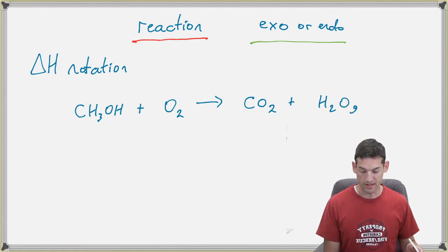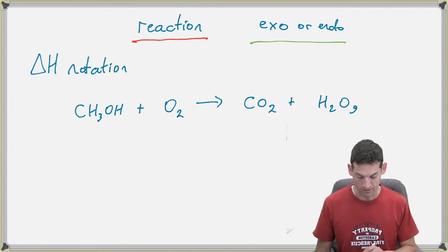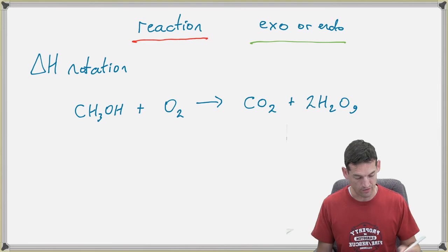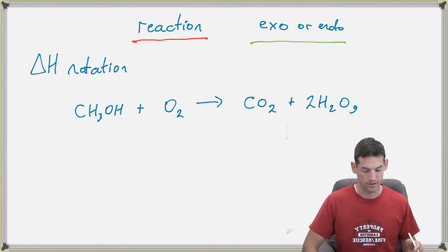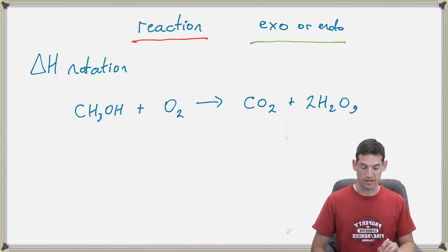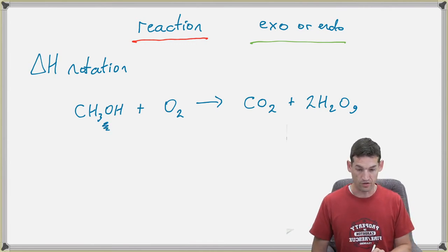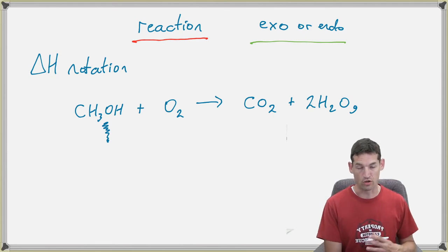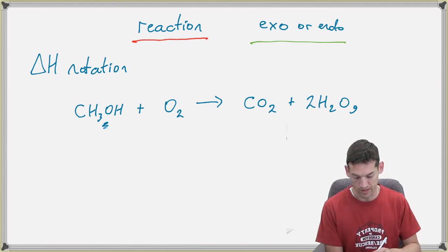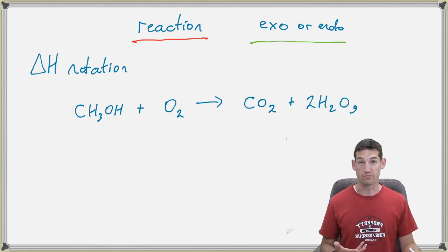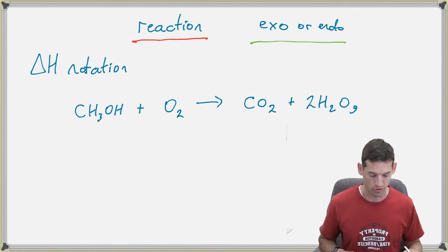Now, I could balance that by saying I've got one carbon, I've got one carbon, I've got 4 H's. So now I have 4 H's if I put a 2 there. And now I have 4 O's over here. The problem being that I have this O right here that's going to throw things off, that single O in the methanol. Now, one way to get around that is to use the fraction method that I kind of introduced to you earlier.